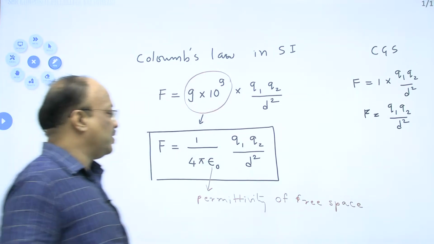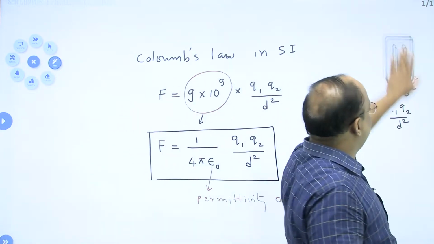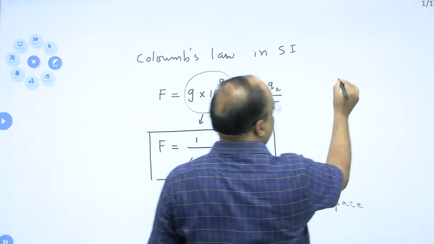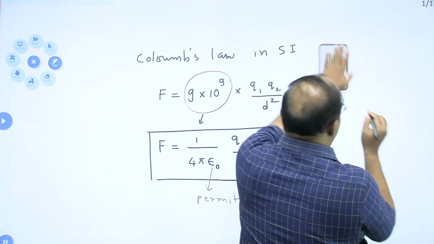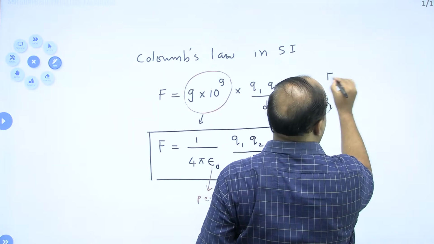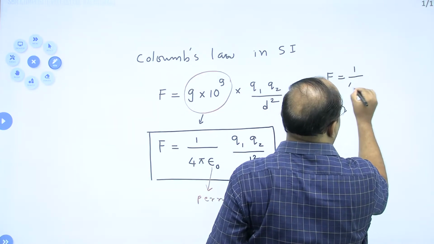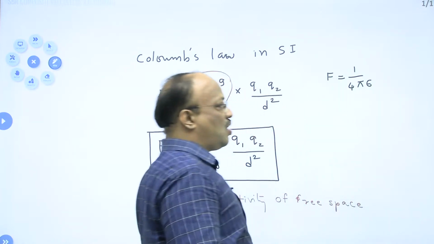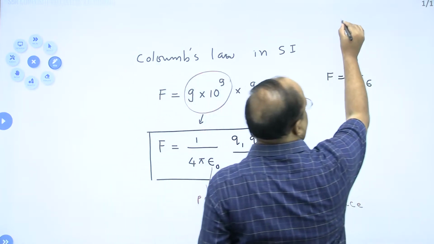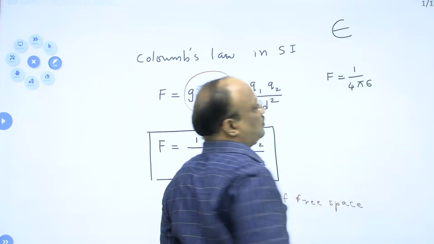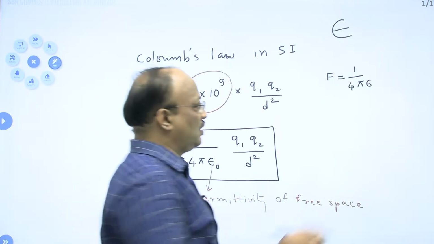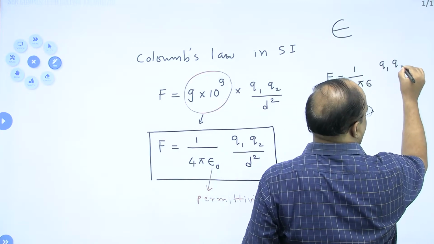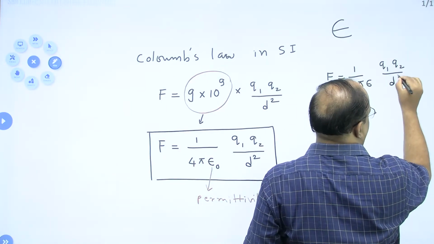If I write the same expression in another medium, it will be F is equal to 1 by 4 pi epsilon, we just say epsilon, q1 into q2 by d square.